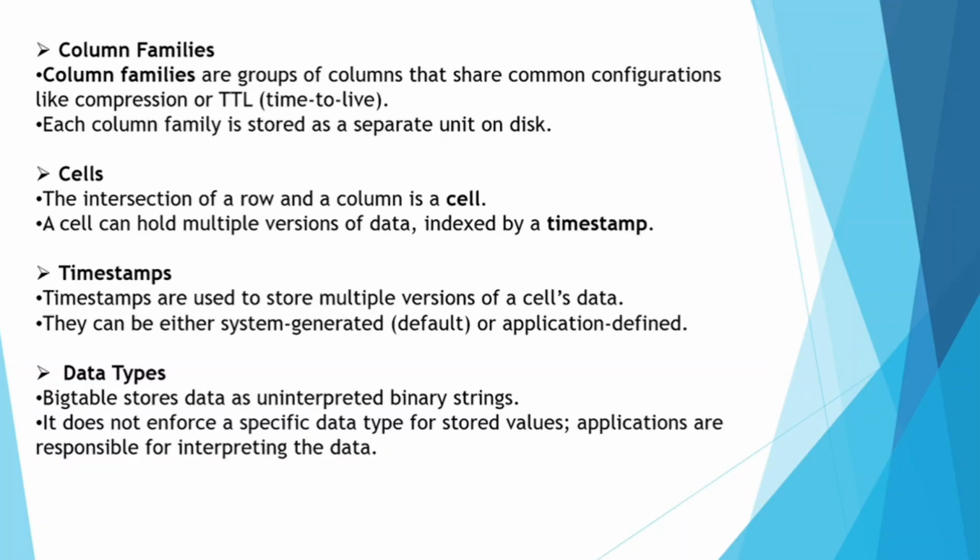Timestamps are used to store multiple versions of cell data. They can be either system generated or application defined. Data types. Bigtable stores data as uninterpreted binary strings. It does not enforce a specific data type for stored values; applications are responsible for interpreting the data.